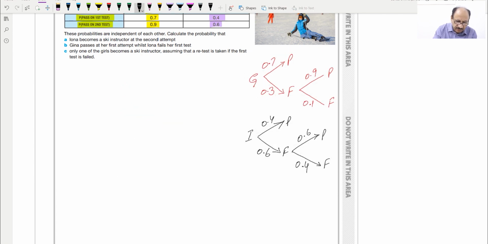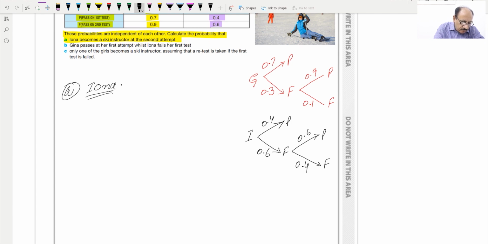Now we will be answering the questions. These probabilities are independent of each other. Calculate the probability that, A part, Iona becomes a ski instructor at the second attempt. So for the second attempt she becomes an instructor, meaning she fails the first test and then passes the second test. So for A part, this is for Iona, pass second attempt.